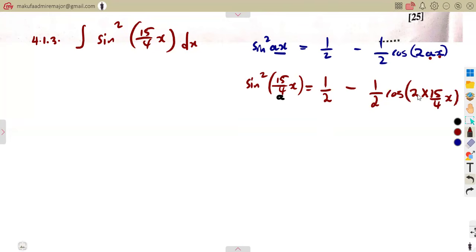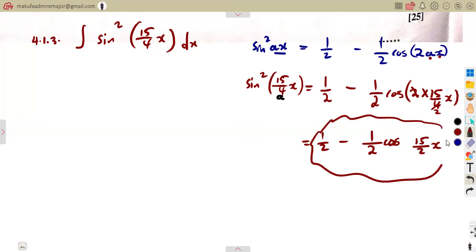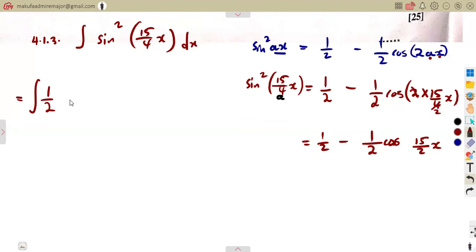If you simplify this, it is going to be 15 over 2. So we've got 1 over 2 minus 1 over 2 the cos of 15 over 2x. This here, guys, we are used to. We can integrate this. So you write it in a way that you can integrate.